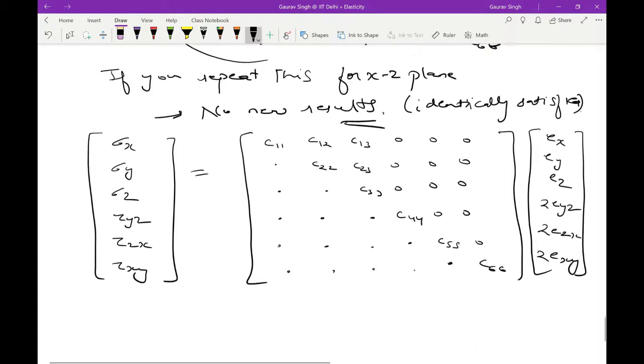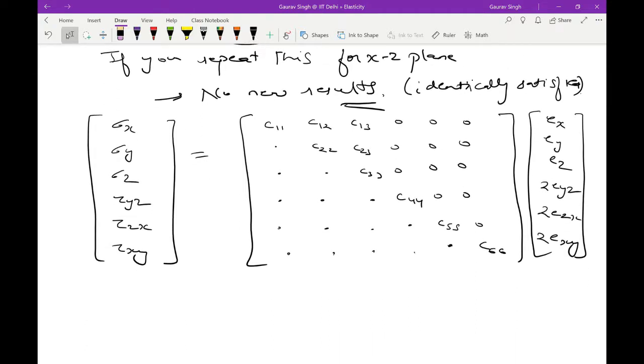Okay. Now, if you look carefully at this relationship between stress and strain for an orthotropic material, if shear strain is equal to 0, this implies that shear stress is also equal to 0.